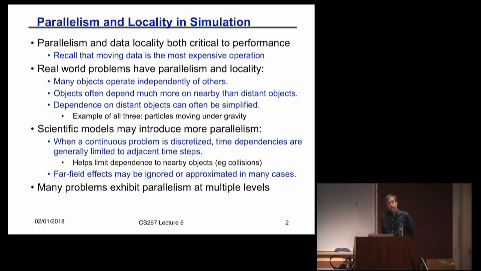That actually simplifies the dependencies, because what happens at time t is only going to depend on what happened maybe at time t minus 1 or t minus 2. You don't have to look at all the different data that you have. And it also means that if you have to ask, is there a collision, who's nearby, there's only a limited number of other things that you have to look at.